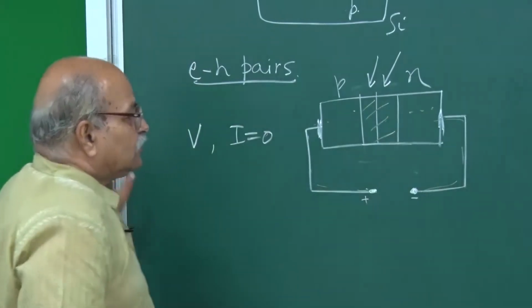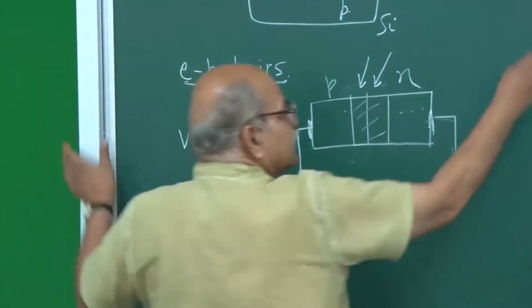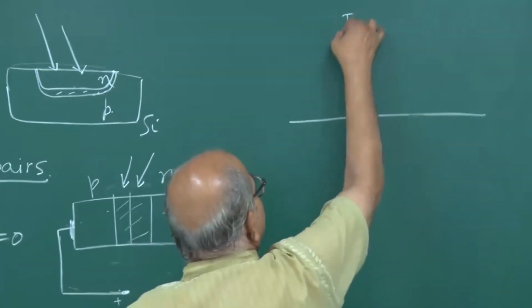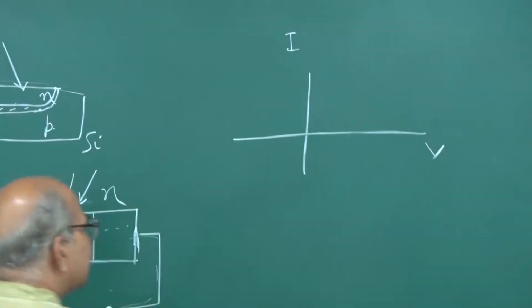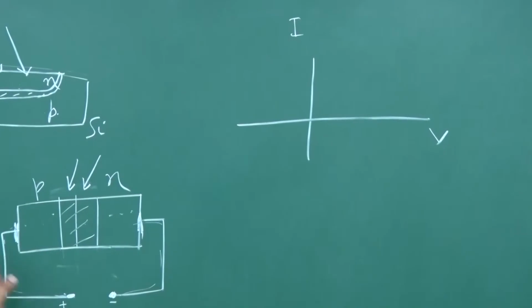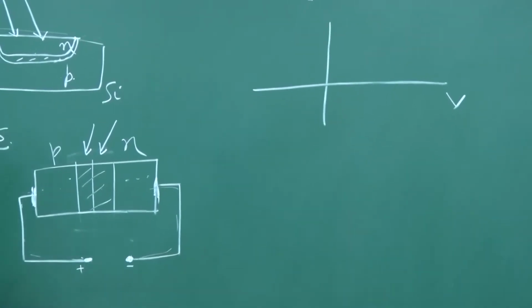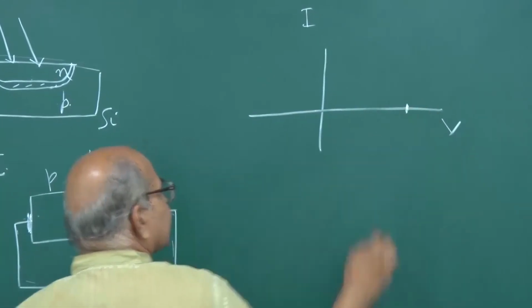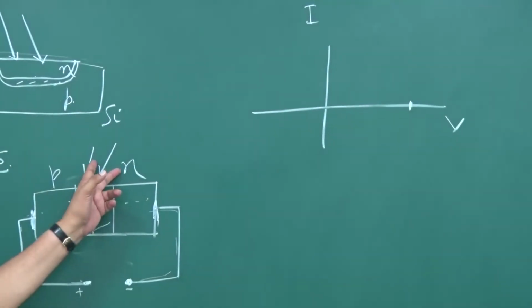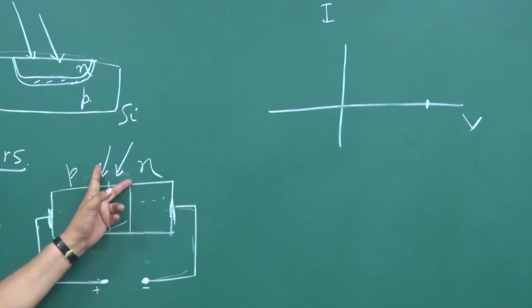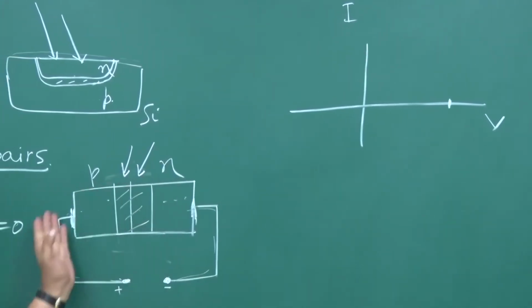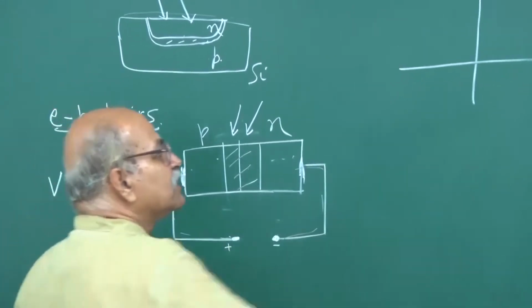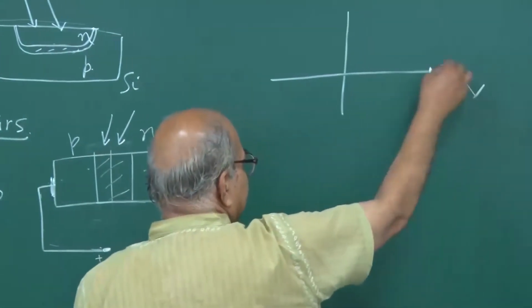So if I try to show it in an IV characteristic curve, suppose this is I and this is V. So where are we? We have some potential here, but there is no current, so current is 0, and we are here at a certain illumination. If you increase the illumination, more charge carriers will flow and the potential will be a little bit increased.